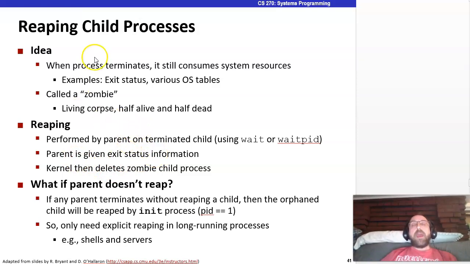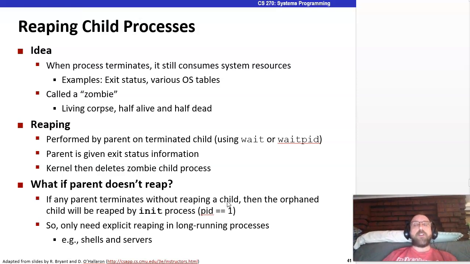So if you have a parent process that creates a child and you don't reap the child, well, in many cases, that's not a terrible thing, because when the parent terminates, the child is reparented. Every process has to have a parent process.